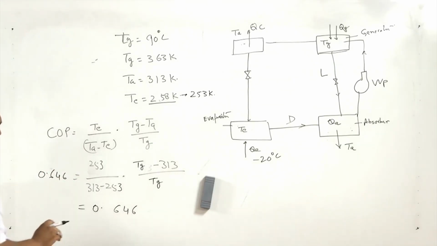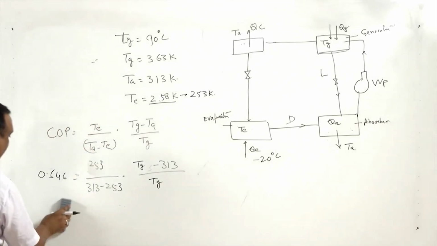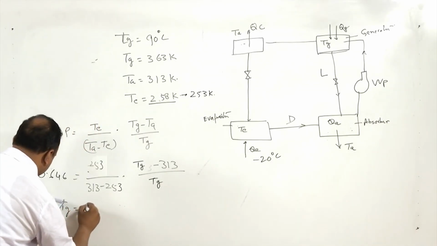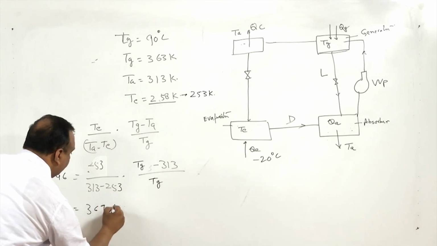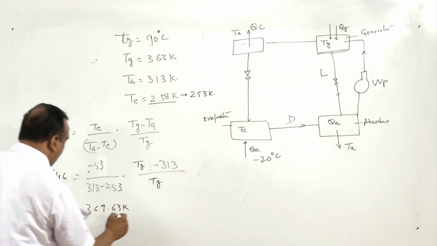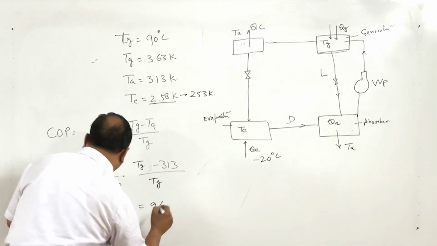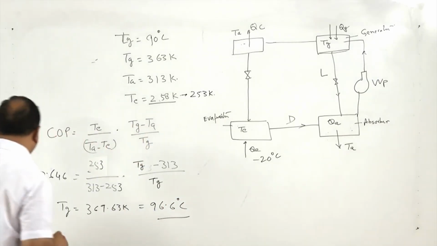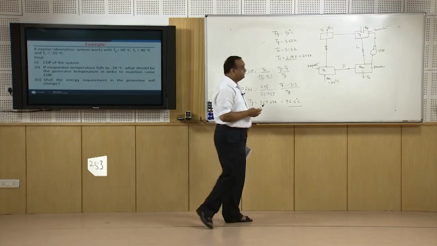Now if we solve this and try to find the value of TG, the value of TG is 369.63 Kelvin or 96.6 degree centigrade.